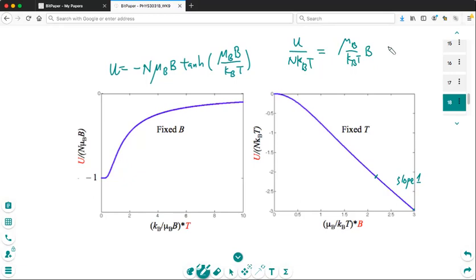This is for high field, fixed temperature. Now this is again understandable, because sorry, this is a slope of -1, so there's a minus sign here.